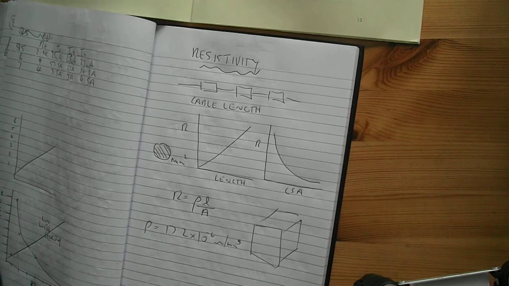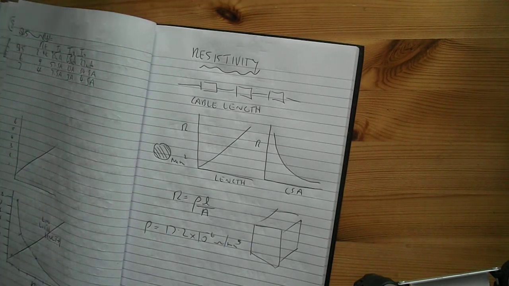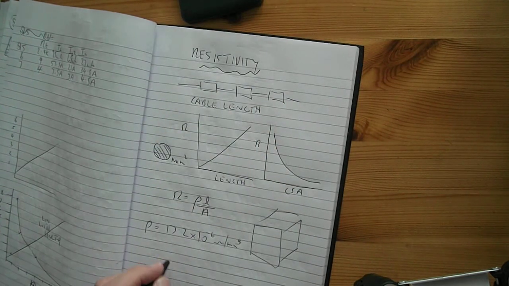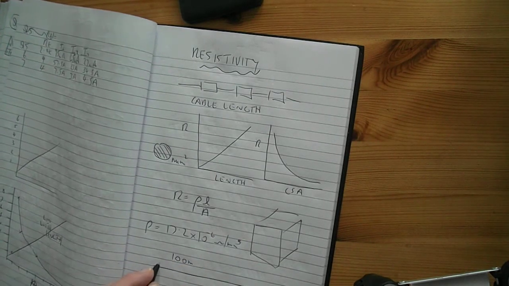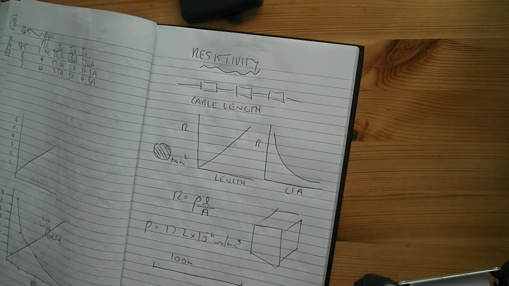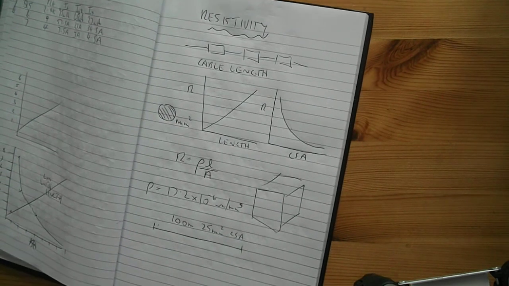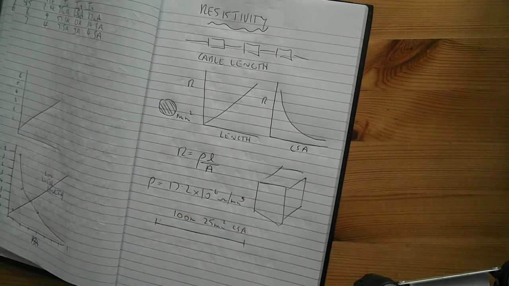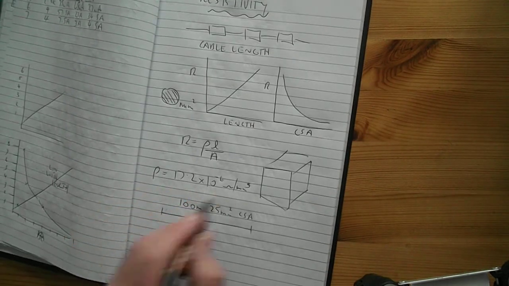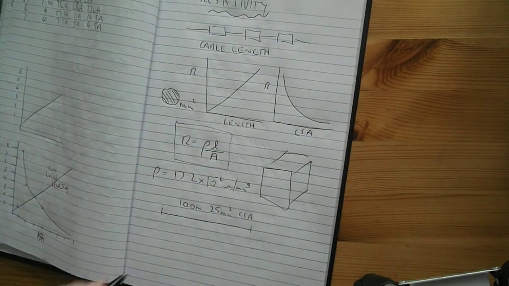Okay. So, for example, if we had 100 meters of cable. There's our cable length, it's 100 meters long, and let's say it's 25 millimeters squared CSA. What is the resistance of that cable? Well, there's the formula, and we simply substitute the figures.